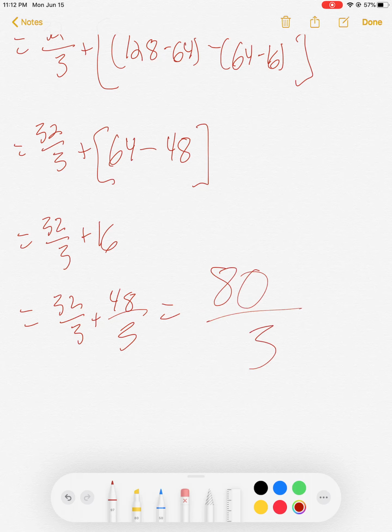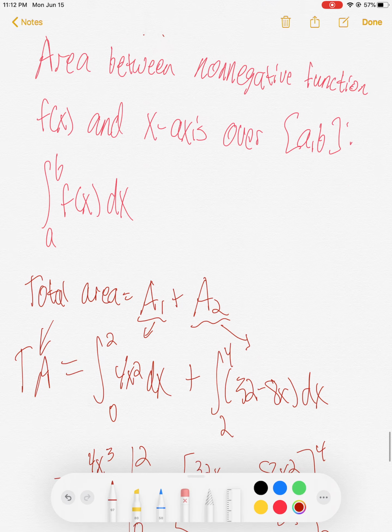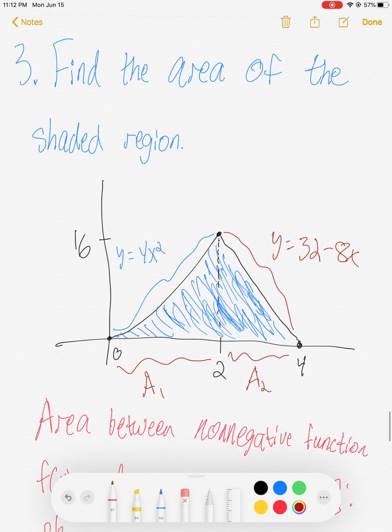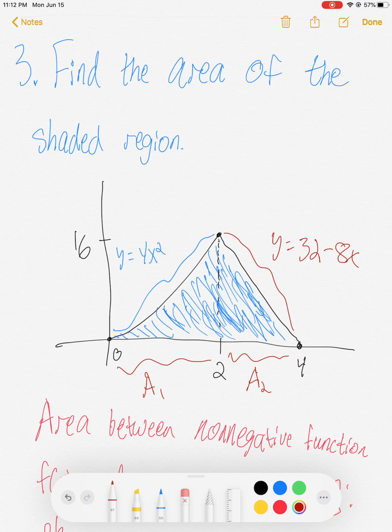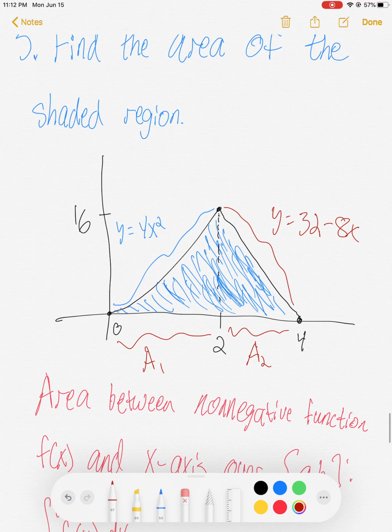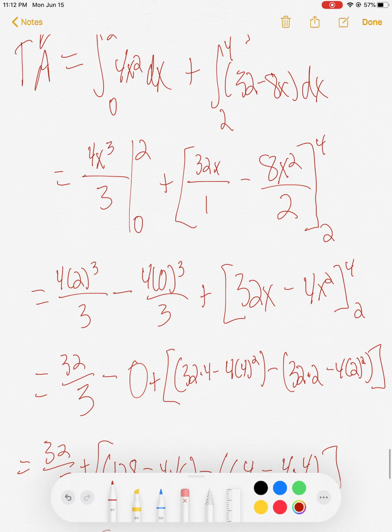So this is 32 over 3 plus 64 minus 48. And that is 32 over 3 plus 16. So that's 32 over 3 plus 48 over 3. And that is 80 over 3. And that gives us our area.